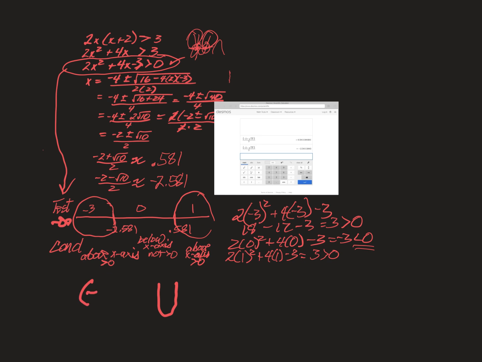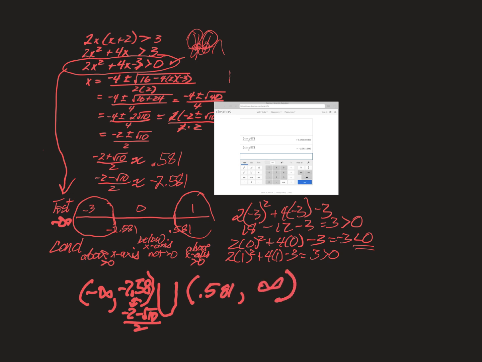So we go from -infinity up to -2.58, but we don't include that. And if you wish, you could actually write -2 minus square root of 10 over 2 in place of the decimal. And then you go over to the next one, and it's 0.581 up to positive infinity.